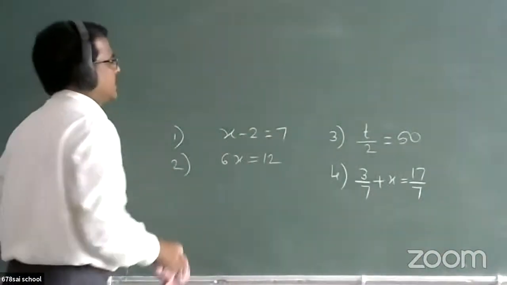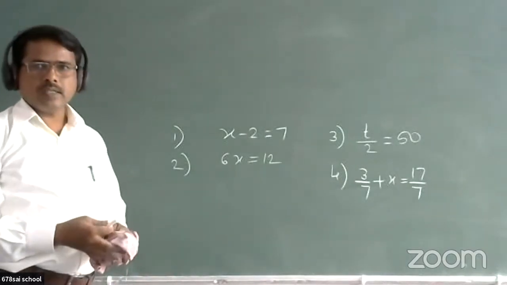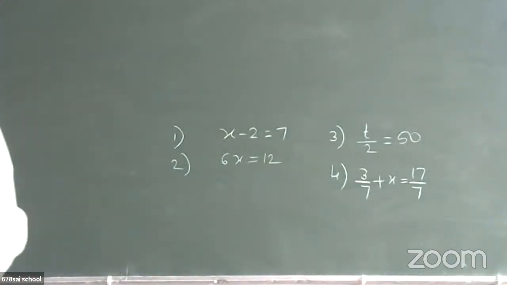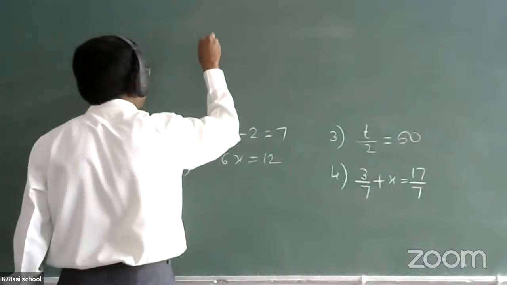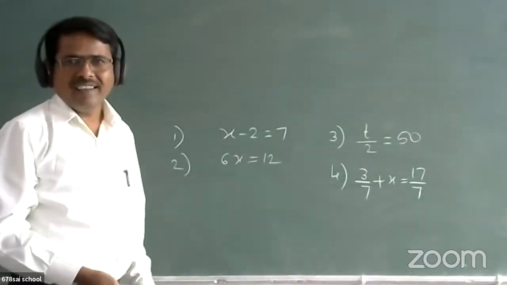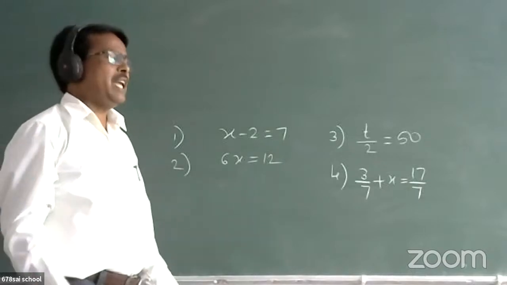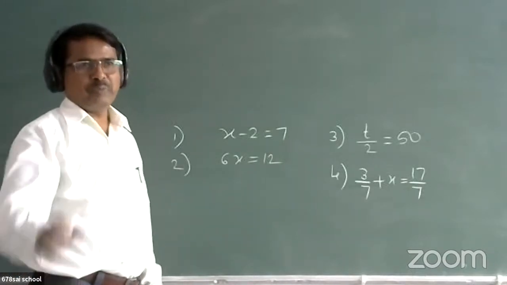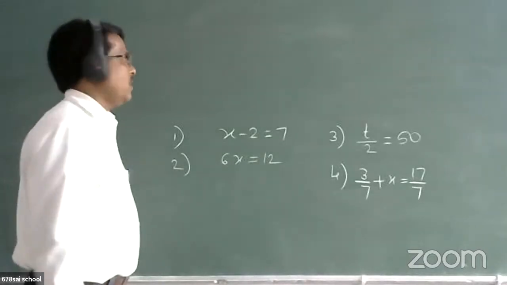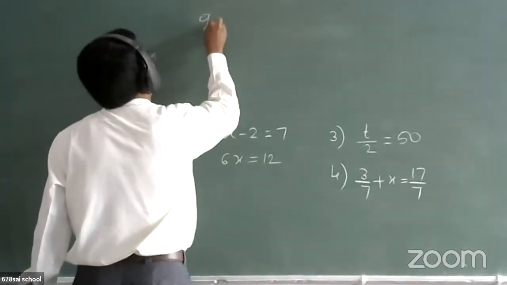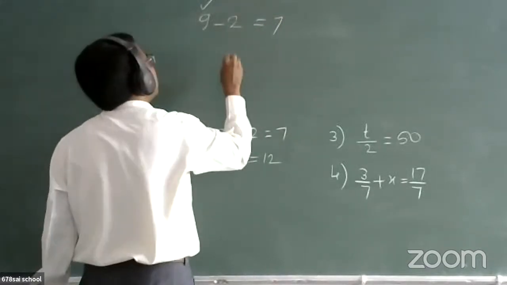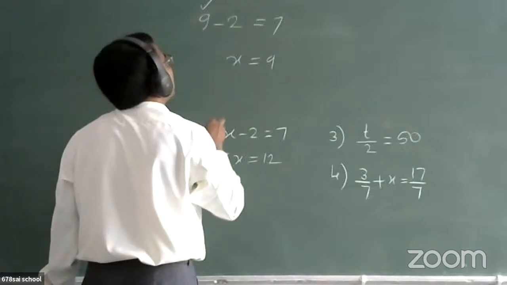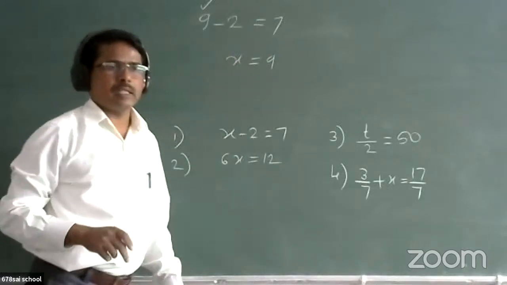Yes, tell me. 9. Who told the answer? Sahana Joshi. Okay. 9 minus 2 is how much? 7. Okay, so the value of x is 9. So what you have done? Now you have got the value of x.